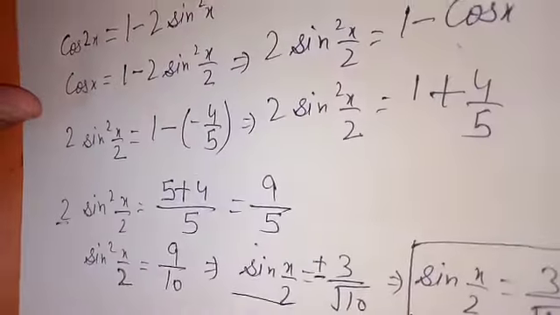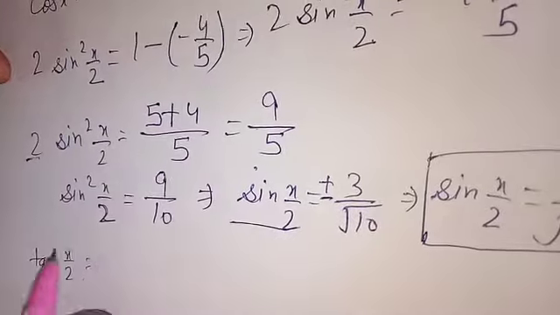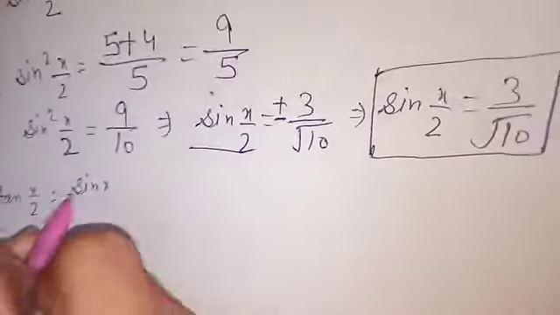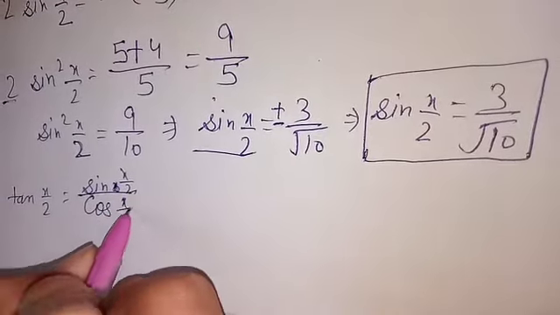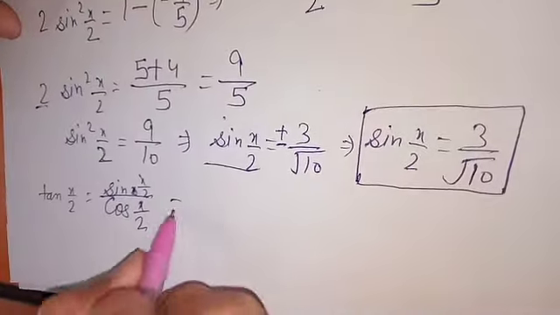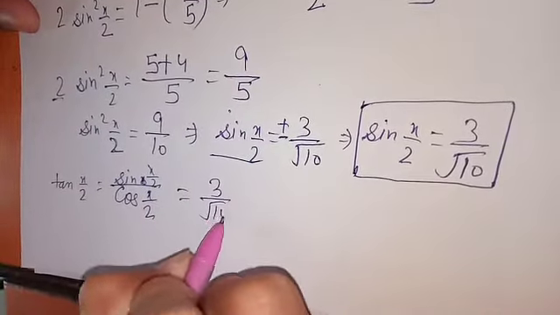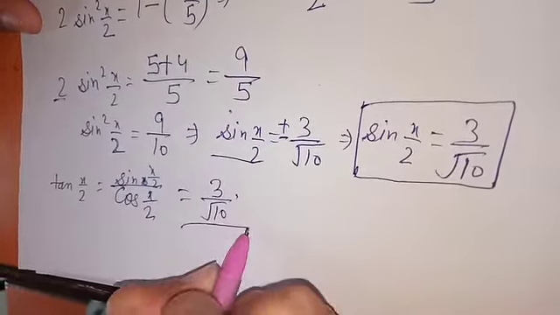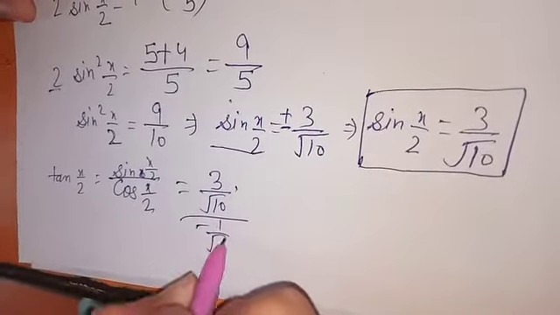Now tangent x by 2 we can find very easily. Tangent x by 2 is sin x by 2 by cos x by 2. What is the value of sin x by 2? It is 3 by root 10, divided by cos x by 2, which is minus 1 by root 10.